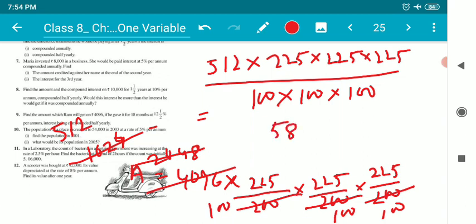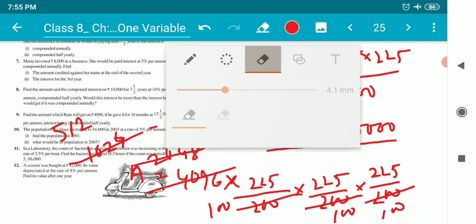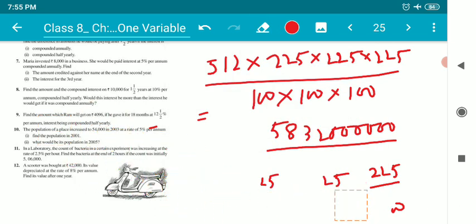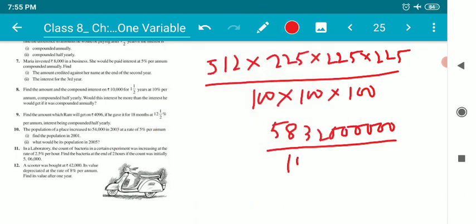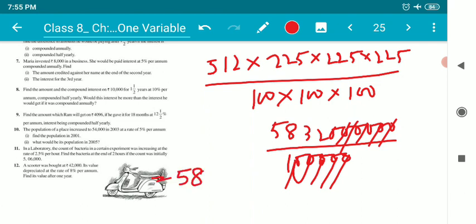If I multiply 512 with 225 into 225 into 225, I'll be getting 5 8 3 2 0 0 0 0 0 0, divided by 1000000, because 100 into 100 into 100 gives 10 lakh. So 1 2 3 4 5 6 zeros cancel, and it will be, children, 5832. This is the amount which I'm getting from this calculation.